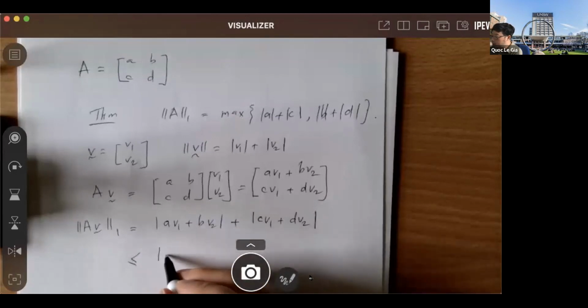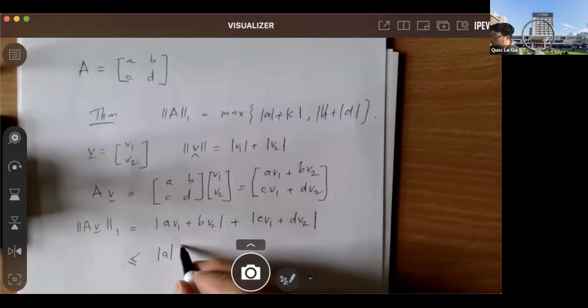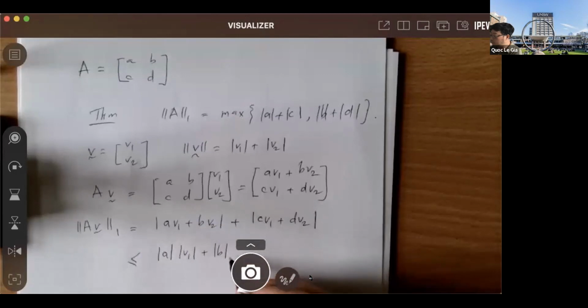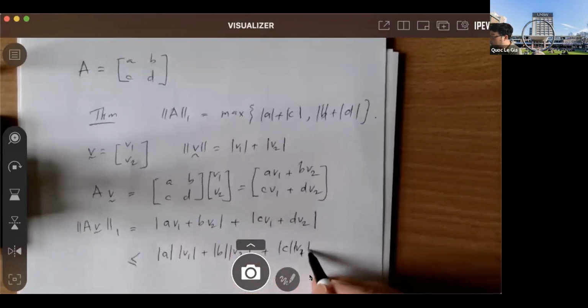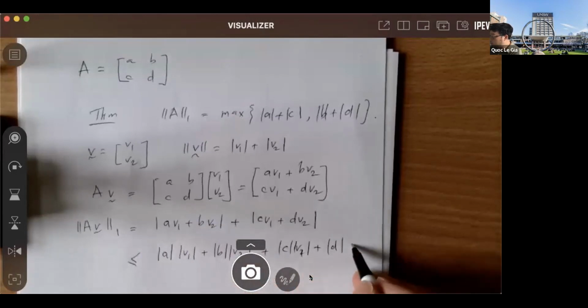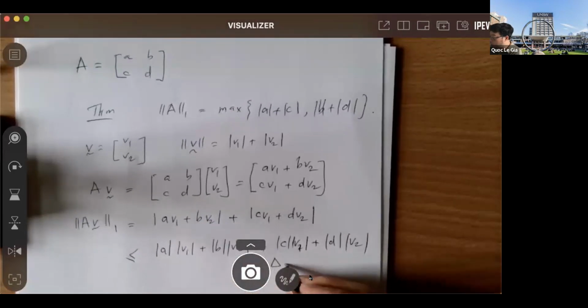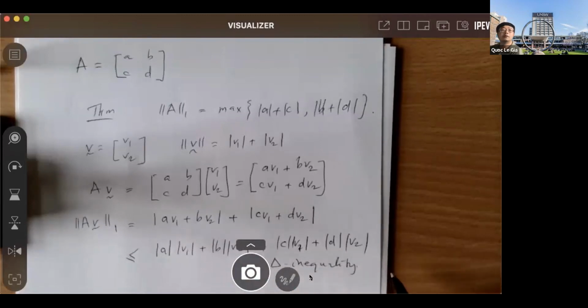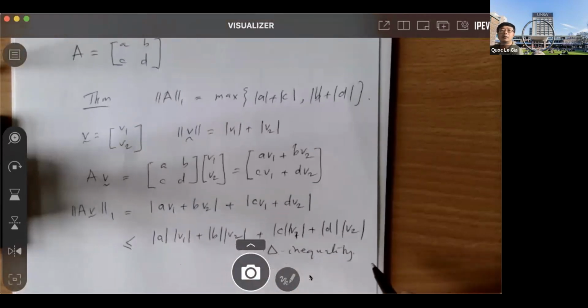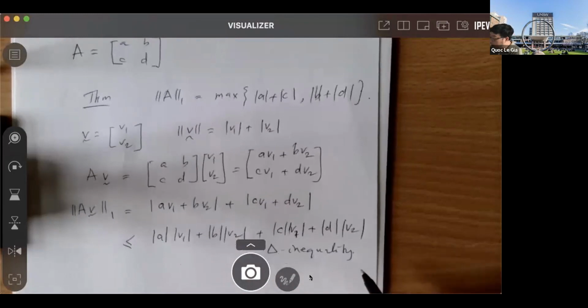I got the absolute value of A times V1 plus the absolute value of B times V2, plus the absolute value of C times V1 plus the absolute value of D times V2. So this one is by the triangle inequality. Agree? Yeah.